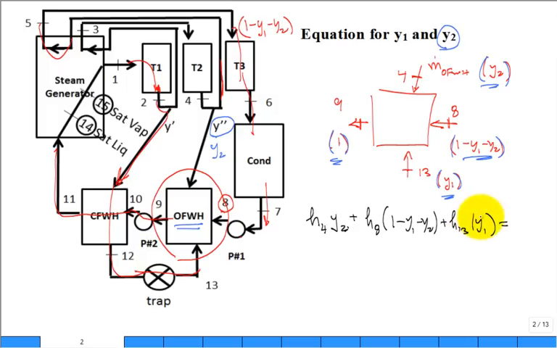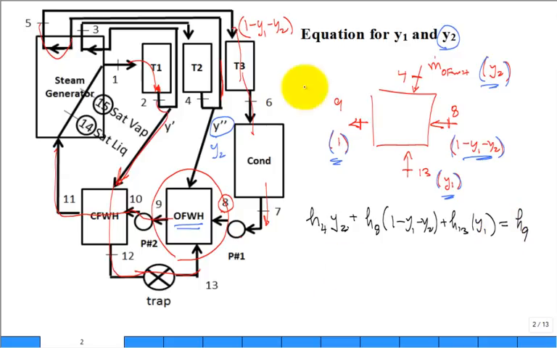It'll be H9 times 1, 100%. It looks a little abstract, but I think I've done enough of these to be readable to you. Is that readable as an energy balance? Then the game is over. It's just algebra at this point.